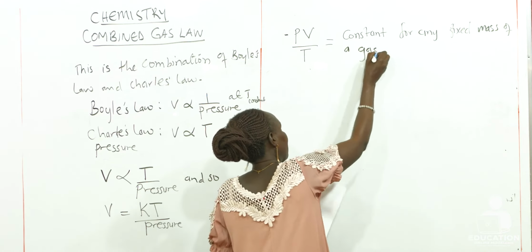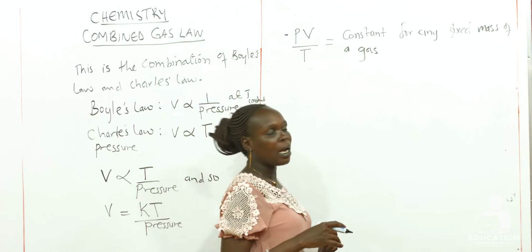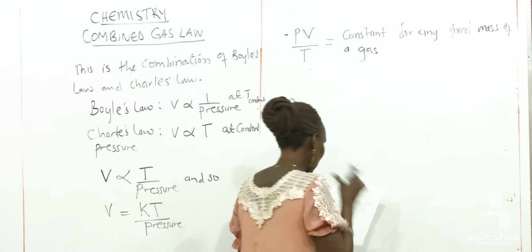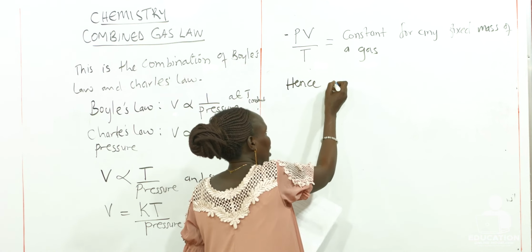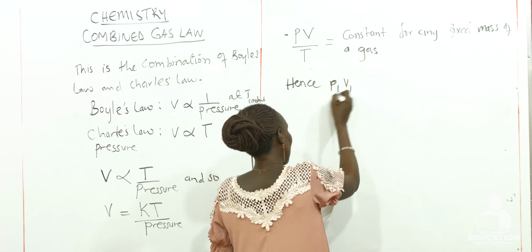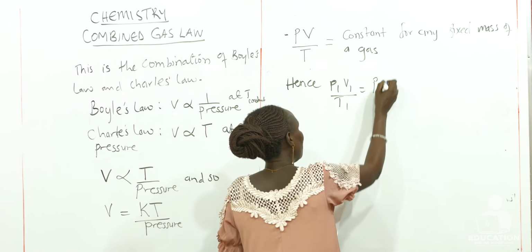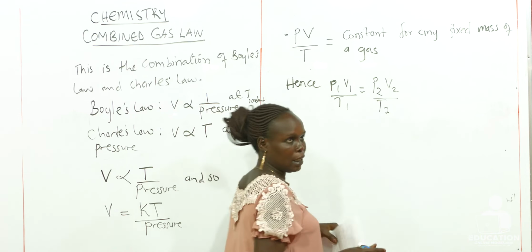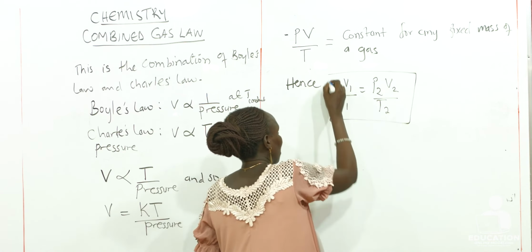For any fixed mass of a gas, the pressure and the volume over the temperature are constant. Hence we have P1 V1 over T1 equals P2 V2 over T2. This is known as the combined gas law.